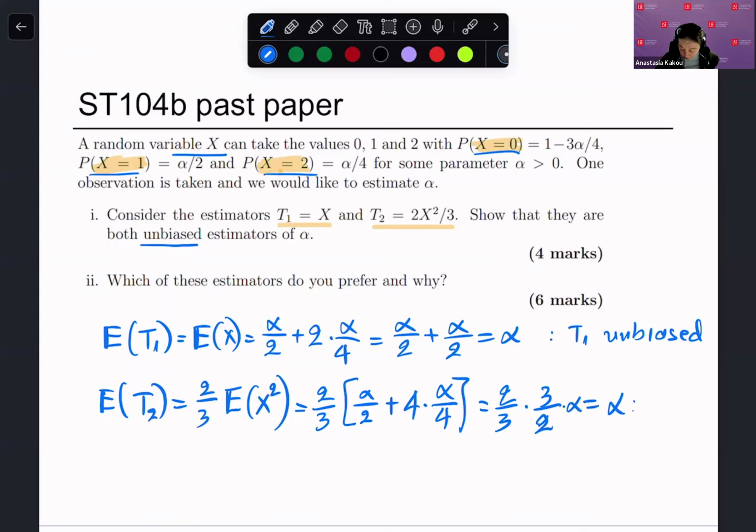So again, that gives you an unbiased estimator, T2 is unbiased. So this is the first part.